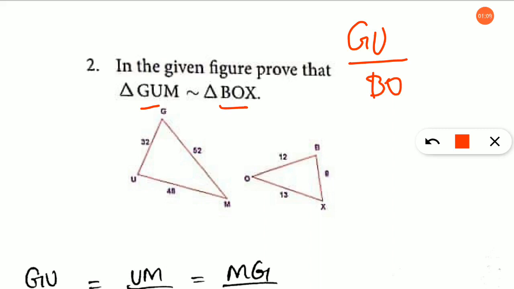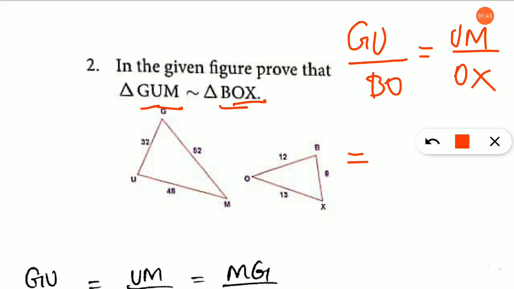So GU by BO will be equal to the next corresponding side, that is UM by OX, and it will be equal to the third corresponding side. All the three corresponding ratios should be equal. Only then we can say it is similar by SSS rule.